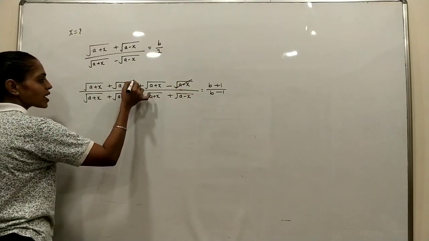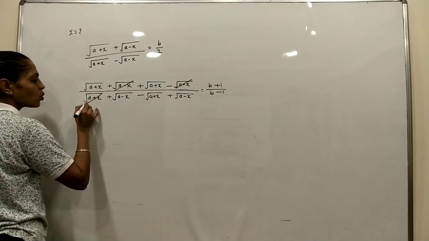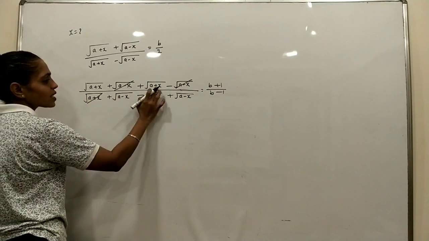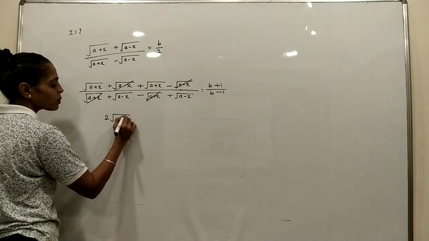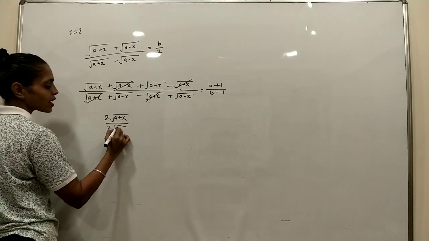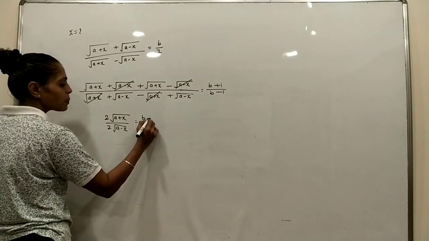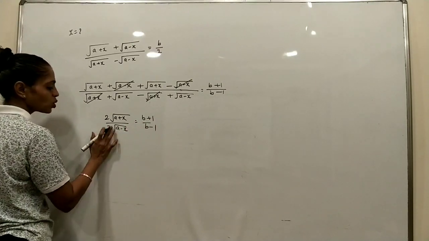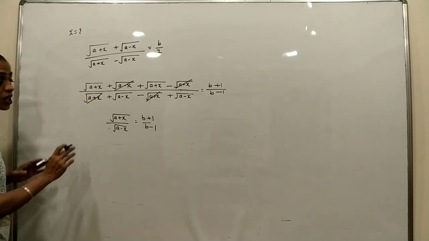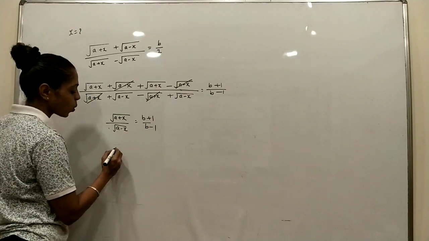Root of a minus x cancel. Root of a plus x cancel. That is 2 times root of a plus x and 2 times root of a minus x is b plus 1 and b minus 1. 2 cancel. Now all in one, the root on the other side becomes square.